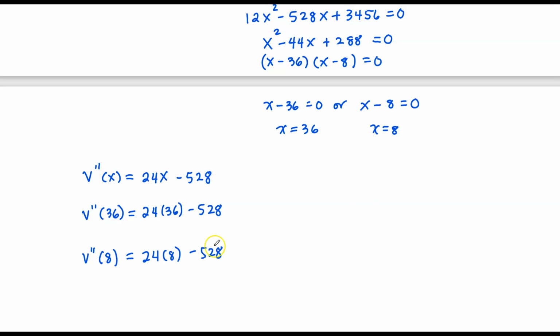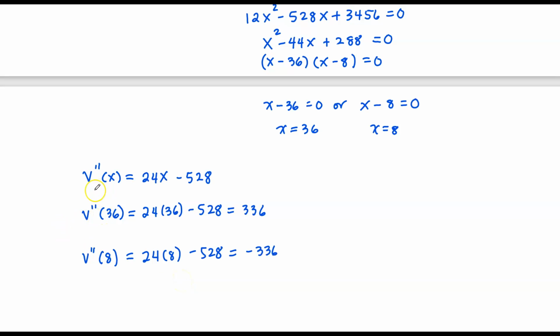Let's plug this into our calculator. For this, you get positive 336. While if you plug in 8 into the second derivative, you get negative 336.